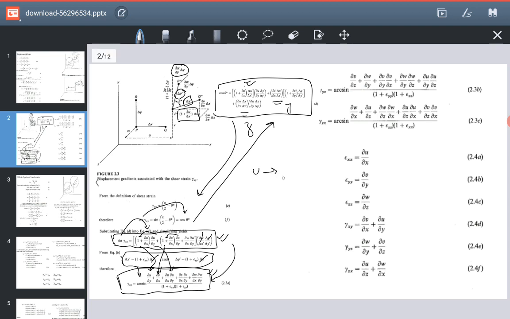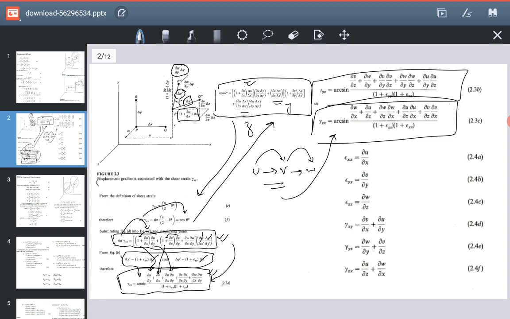So u goes to v and v goes to w. So whatever is u in the previous expression will become v in the next expression, and will become w in the next expression. So by using this rule, we can actually figure it out, both zx and yz. ठीक है.